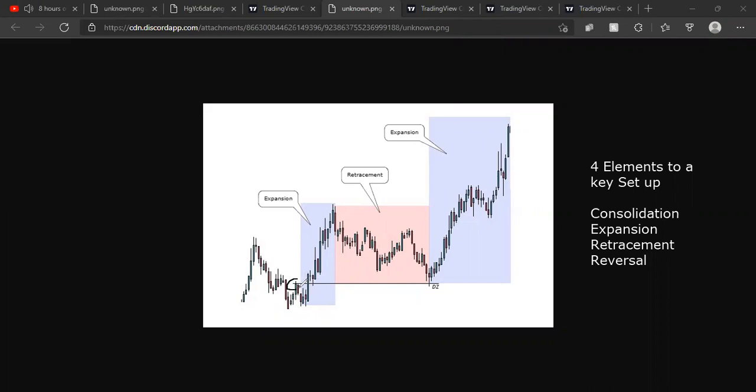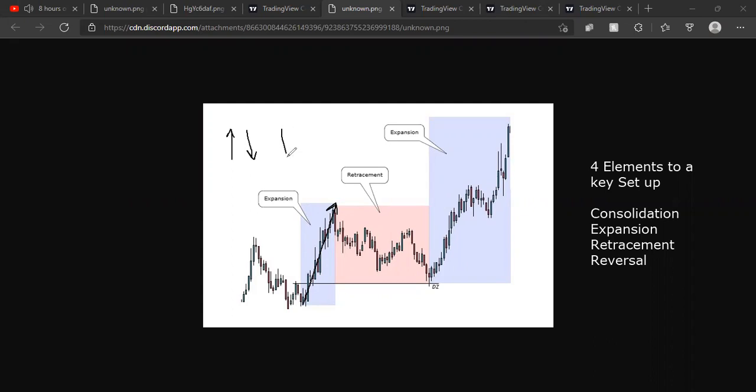So you see right here, you have the last bit of selling, right? The last bit of selling here in this area. And then look, a huge expansion to the upside. Well, what happens after expansion? Well, usually a retracement. And if we expand to the upside, we're going to have a retracement back to the downside.